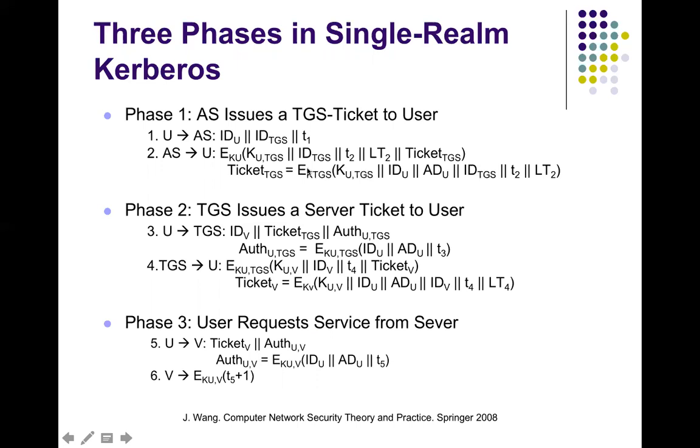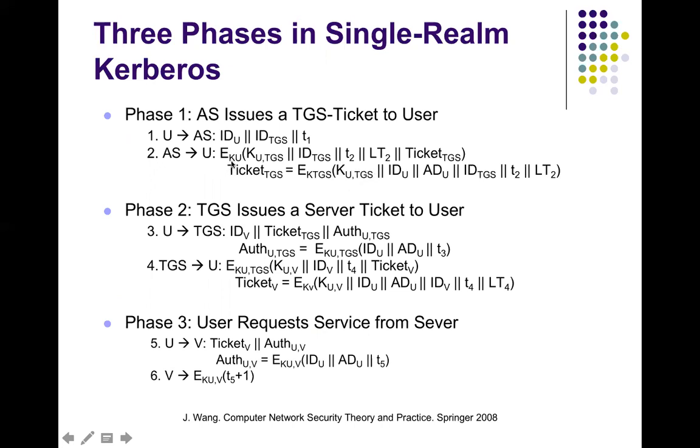This ticket, right here, includes a session key to be used by user U and TGS. But at this moment, when the user gets this ticket from AS, the user cannot see what this ticket is.